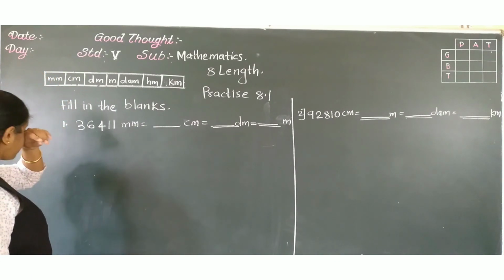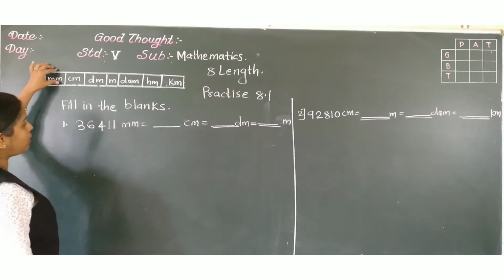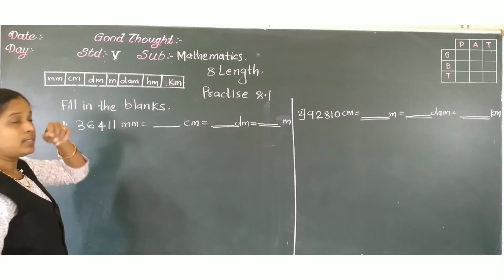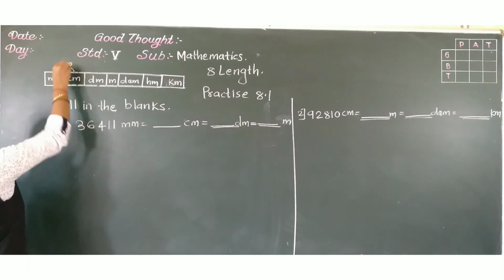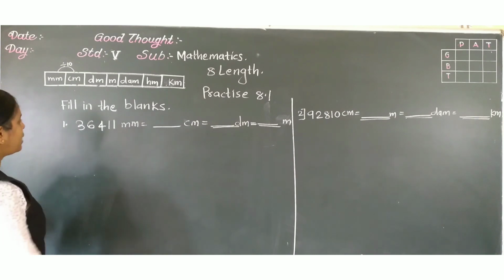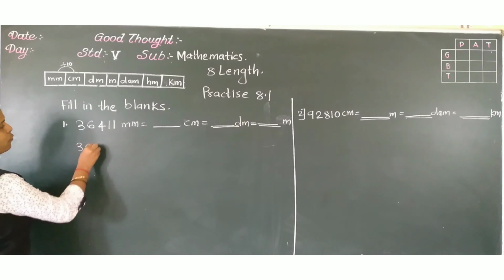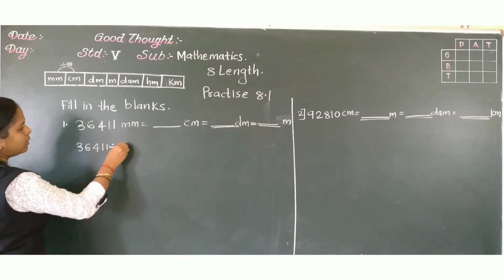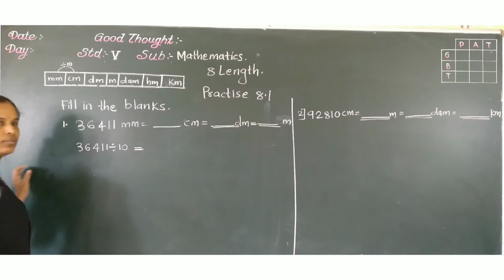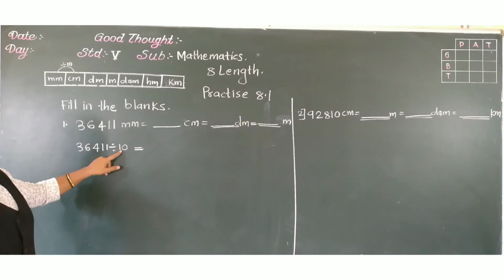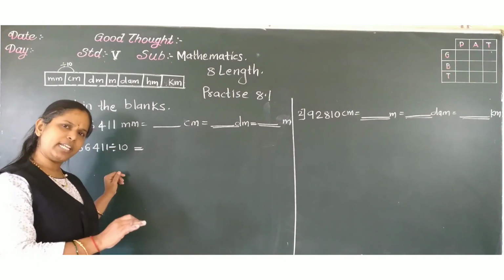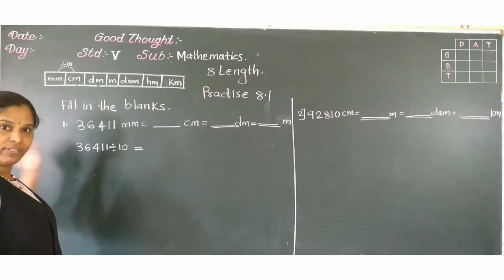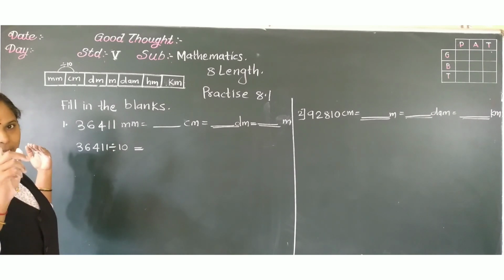First, we have to convert millimeter to centimeter. That means with what will we divide? By 10. Correct? That is 36411 divided by 10. Division with 10 means we just shift the decimal to the left side by 1 place.